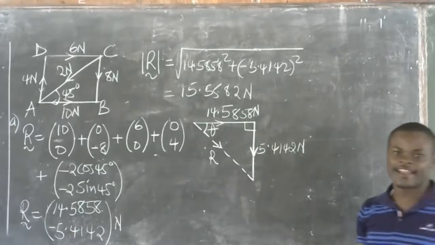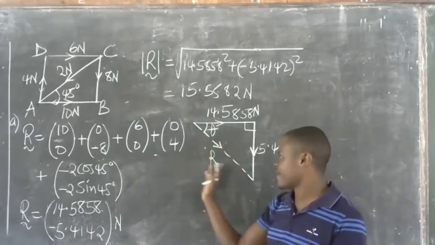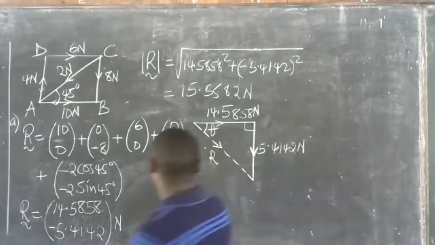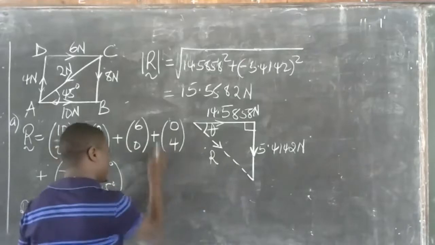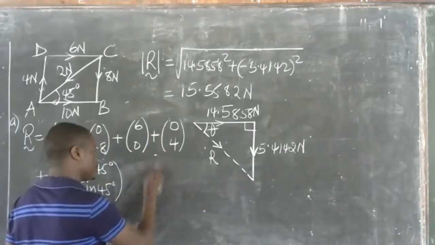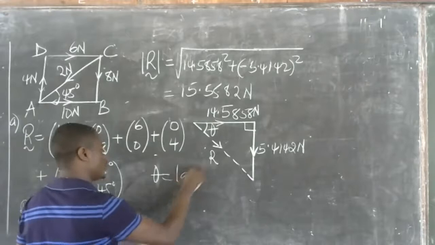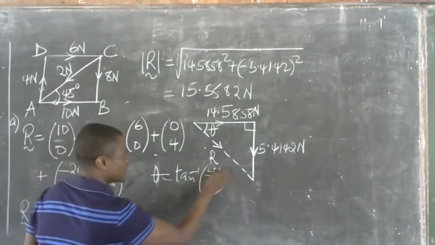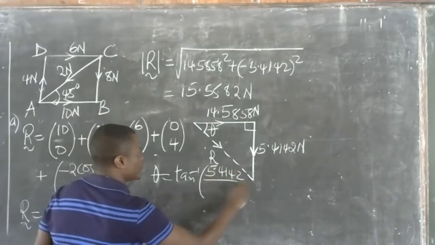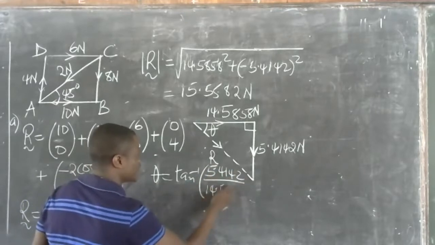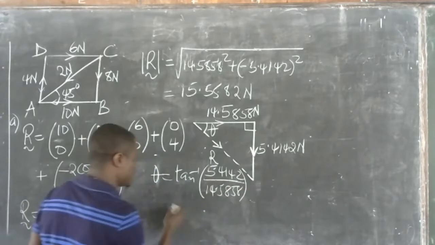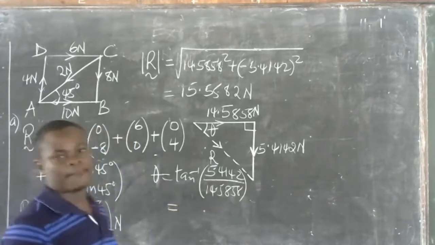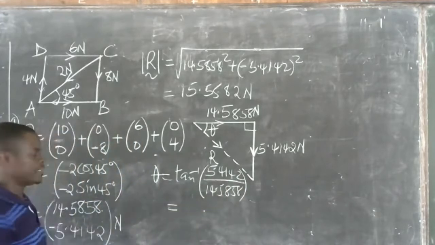So you use tan, or you can even use cos or sine since you have R. So tan theta, and when you shift tan, theta will be the tan inverse of opposite to adjacent, 5.4142 over 14.5858 newtons. What do we get?